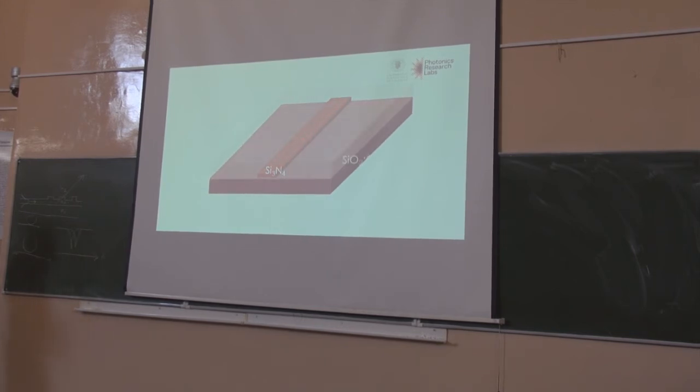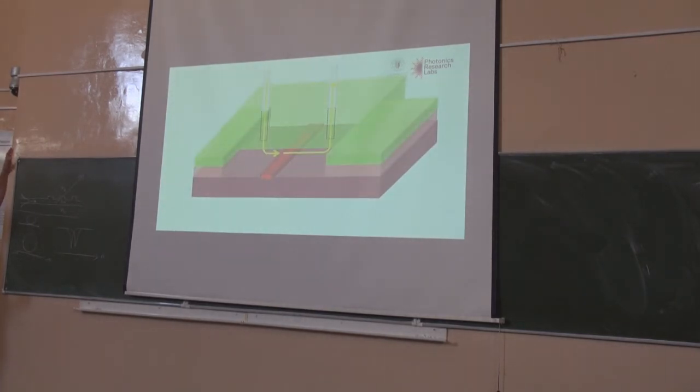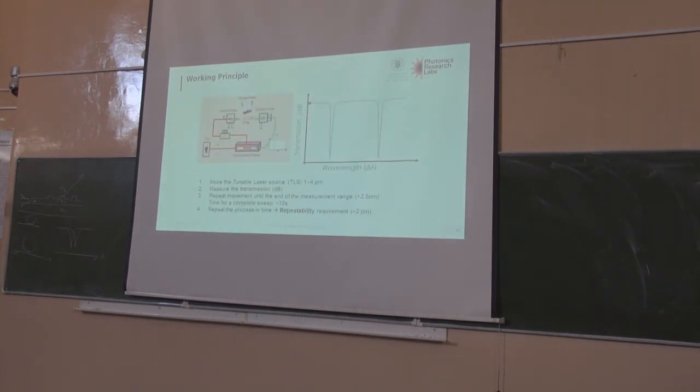We cover it with silicon dioxide, and on some areas we selectively etch away the silicon oxide. This is related to the question before about referencing. On some areas you don't etch the silicon oxide, and on some areas you etch it. So this is covered and not exposed to the analyte, and this is uncovered and exposed to the analyte. And then, of course, you inject light, and you need the fluidic system on top to make it flow. I'll skip this one and go to this one.